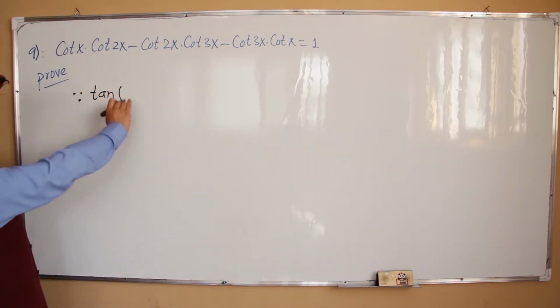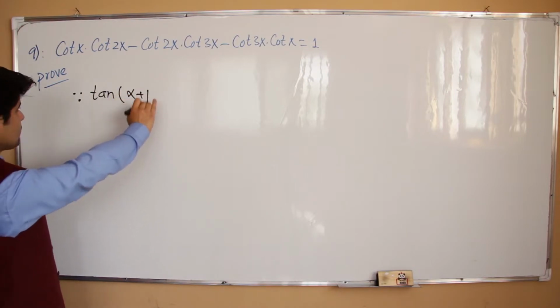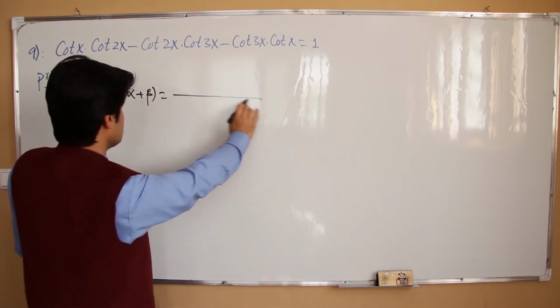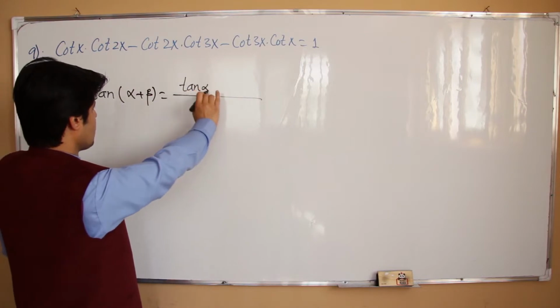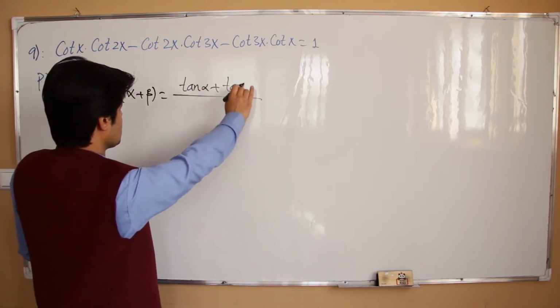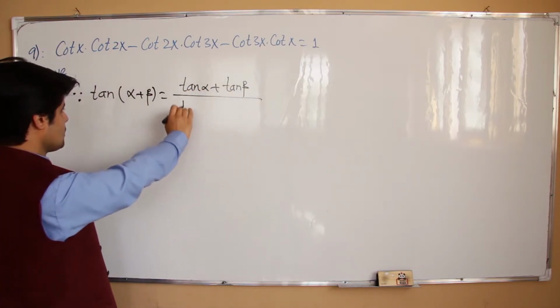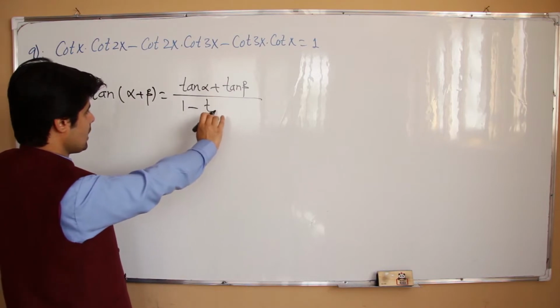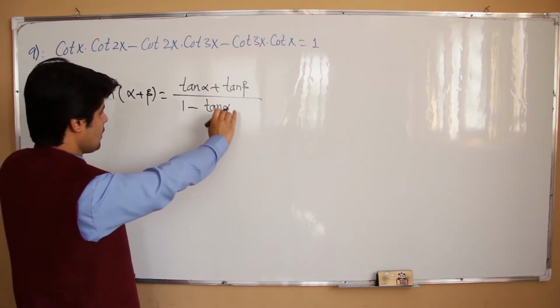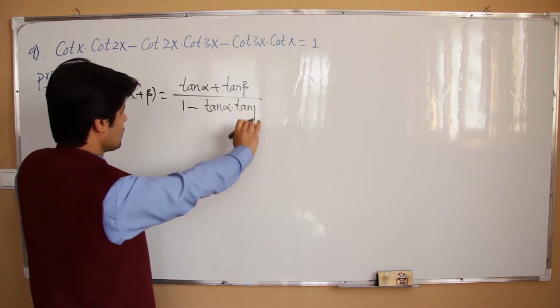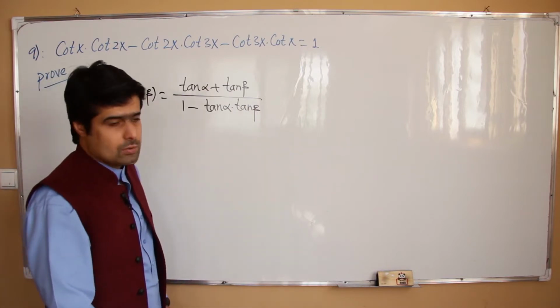tangent of alpha plus beta is equal to tangent of alpha plus tangent of beta divided by 1 minus tangent of alpha times tangent of beta. We have proved this one or not? Yes, we have proved.